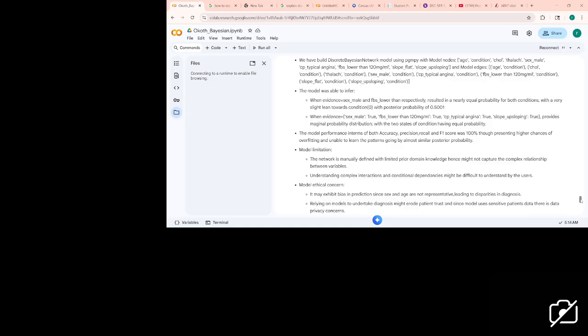Then ethical concerns, especially with the model, it may exhibit bias in prediction, since we noted that some variables were not representative, especially sex, where males were dominant, and age, where not all ages were represented.